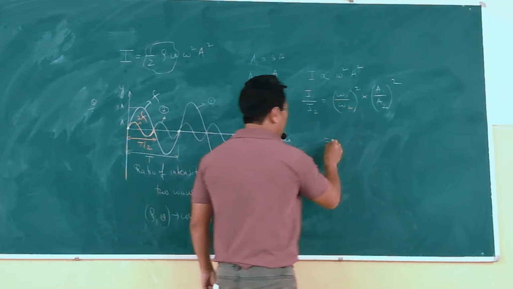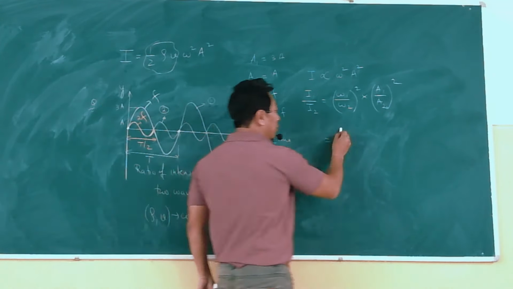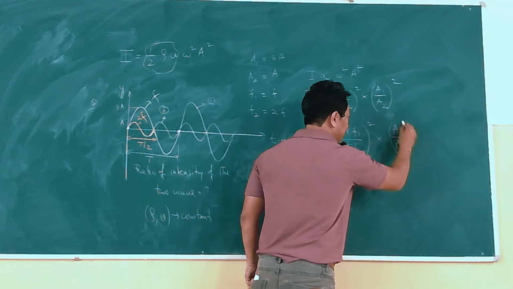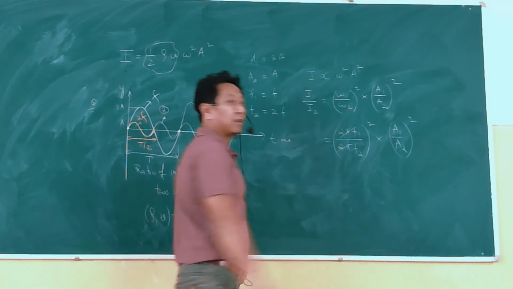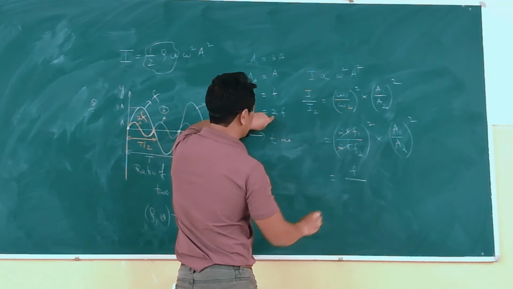Now what is omega 1, omega 2? That they have not given. They have given frequency, but the omega formula you know: 2 pi f1, 2 pi f2. A1 by A2 whole square. 2 pi cancel. If the frequency of the first one is f, for the second one it is 2f.